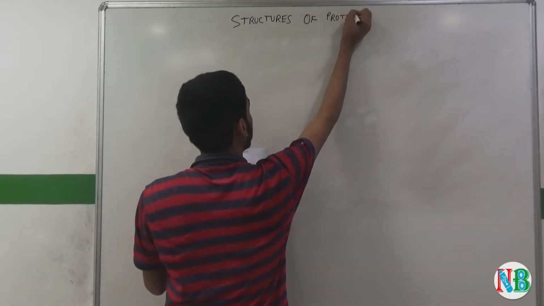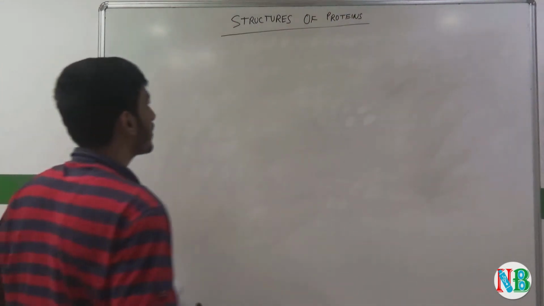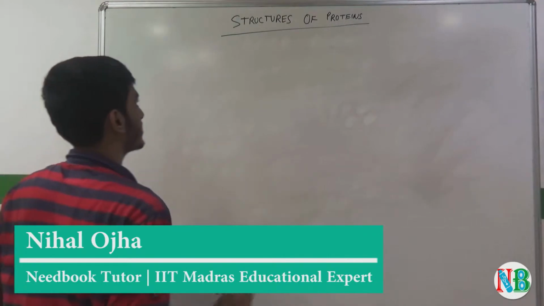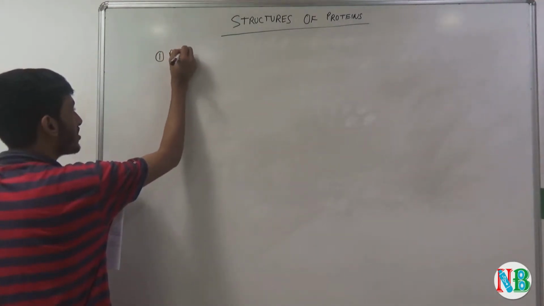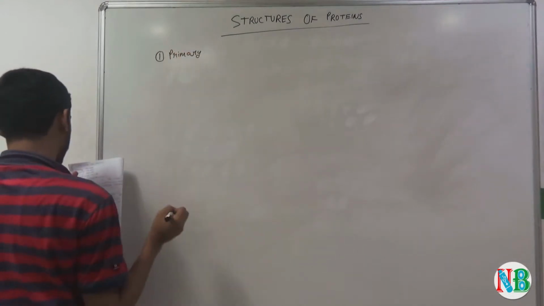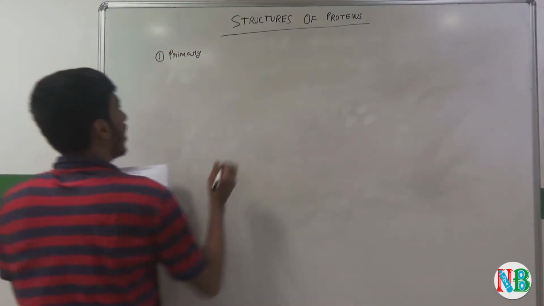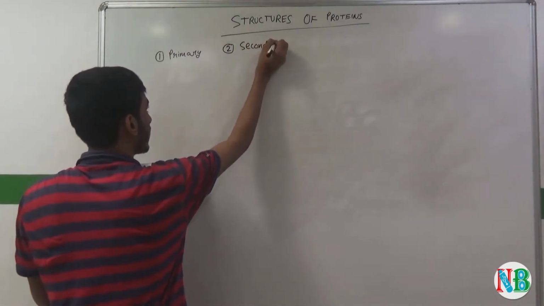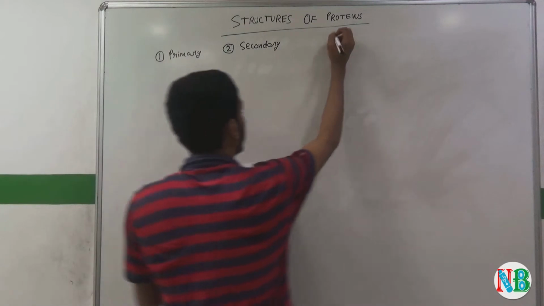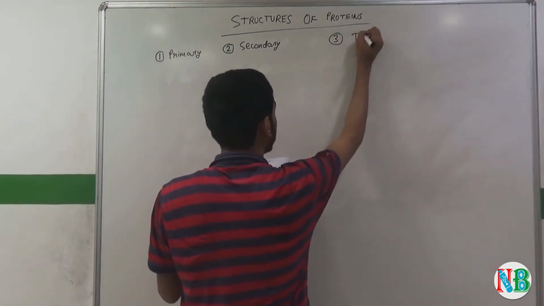Structures of proteins. You have 4 sections in this. A protein has a primary structure. A protein has a secondary structure. A protein has a tertiary structure.